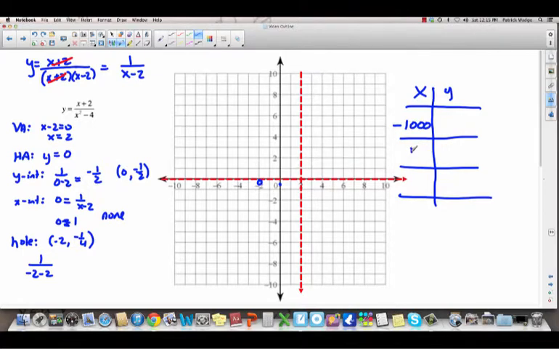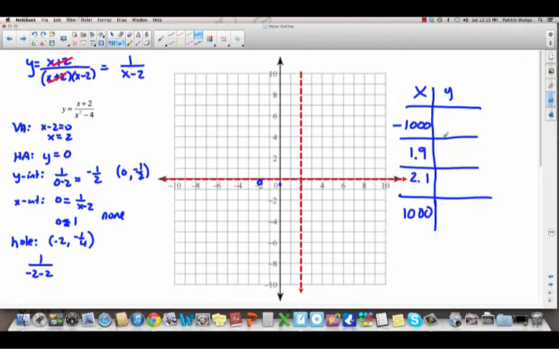Let's use 1.9. You can even do more dramatic here. You could put 1.99 or something like that. The closer you get, the more obvious your answer, like the trend, will be. We also want just on the other side of the asymptote over here. So let's say 2.1. And we want a very big positive number, so let's put 1,000.